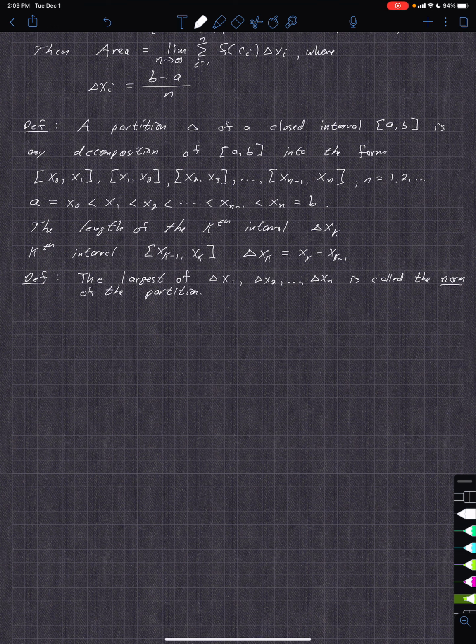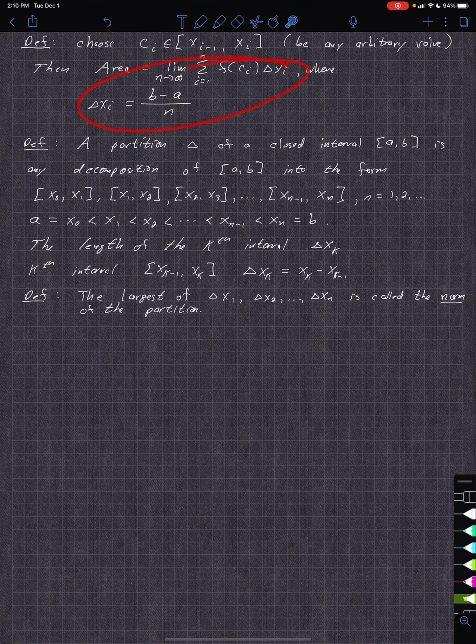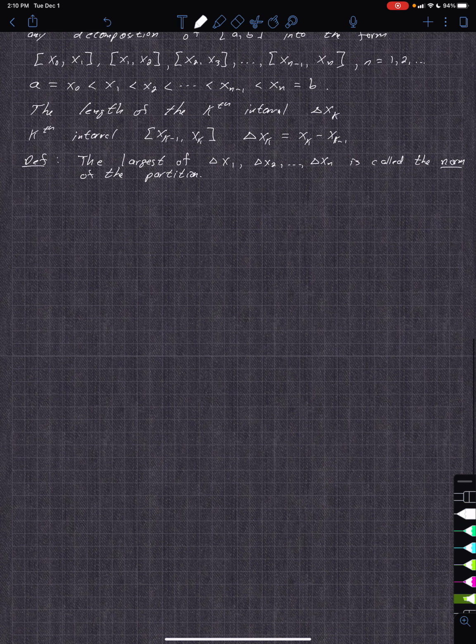You're going to see that throughout the rest of the book. We're going to talk about the norm of the partition and what's going to happen to the norm. What do we want to have happen to the largest one? We're going to want the largest one to approach 0. We're going to want the norm to approach 0 is our goal, what we'll end up doing. So the largest of those intervals is called the norm.